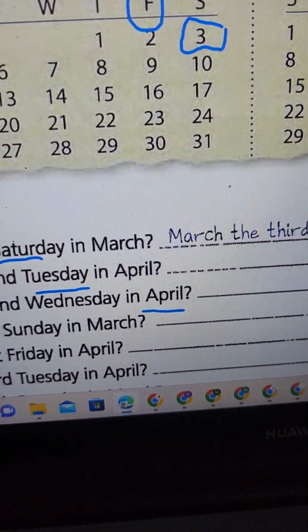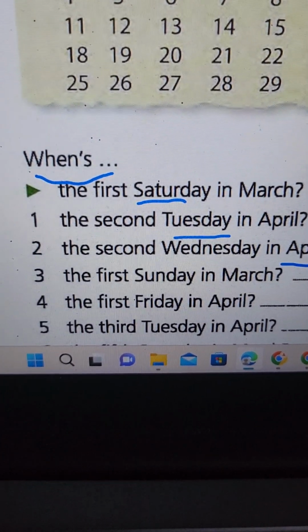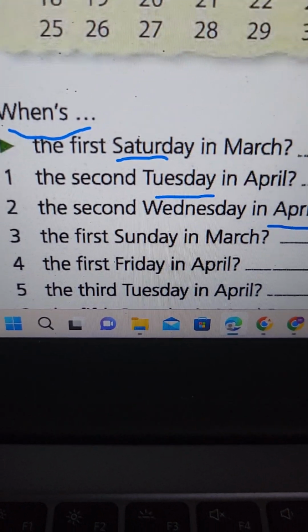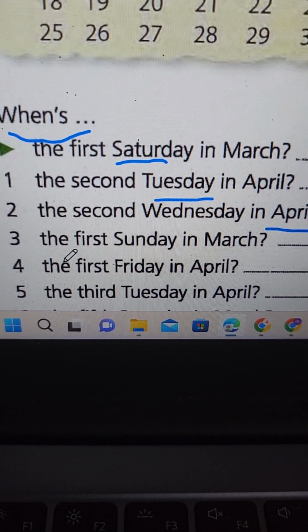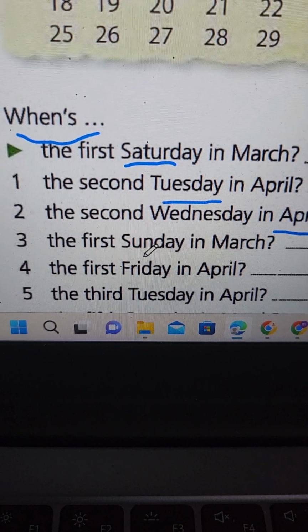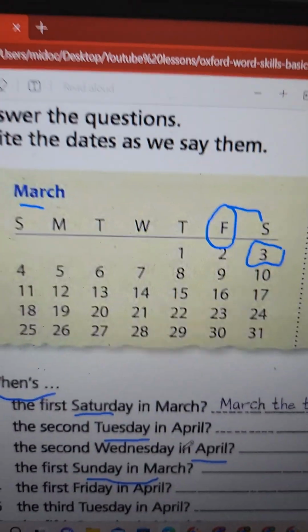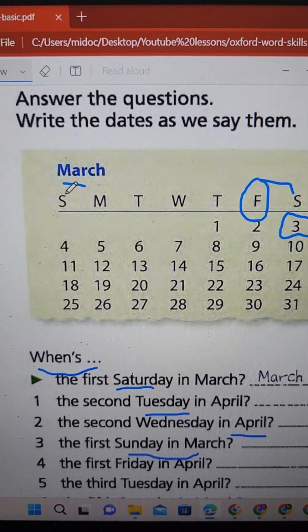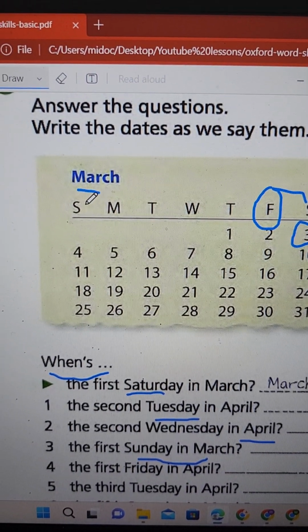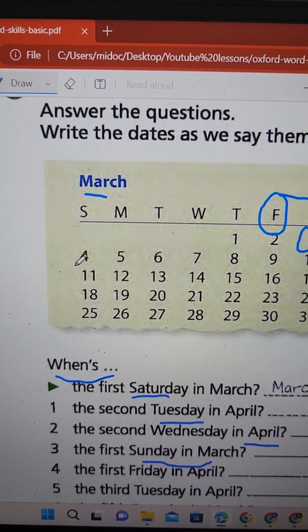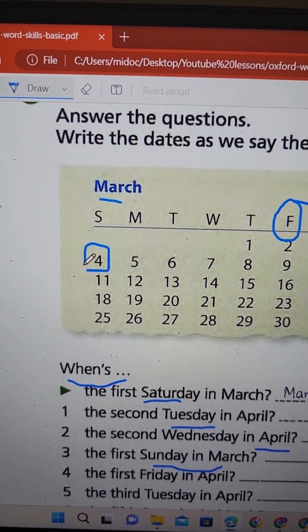Okay, that's perfect. I'll not complete that with you, but I will leave you for a minute to do that. Number 3. The first Sunday in March. This is now March. This is Sunday. And this is the first Sunday of March.